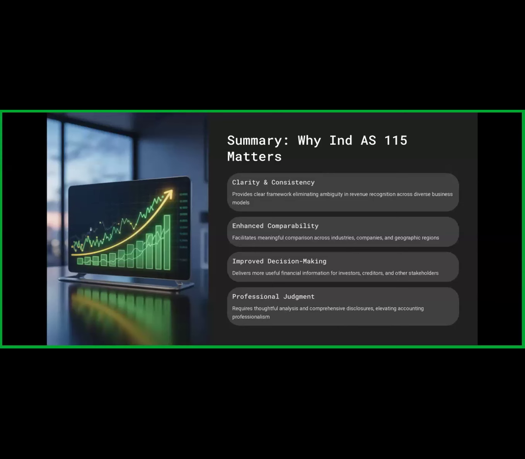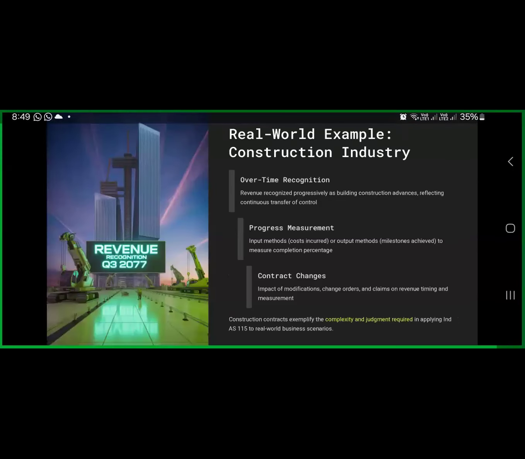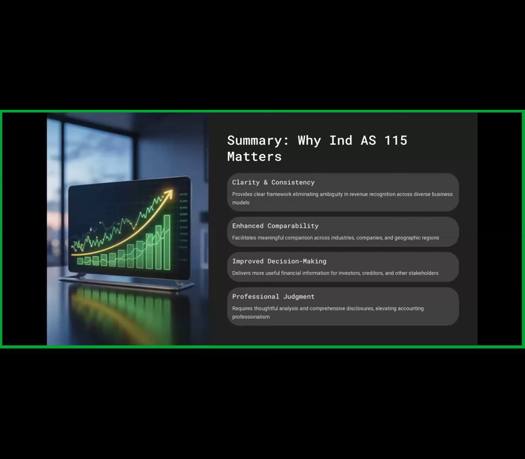Next one is improved decision making. That delivers more useful financial information about revenue for the different stakeholders, that is for the investors, for the creditors, and the other stakeholders.